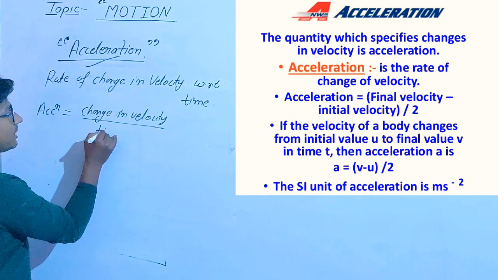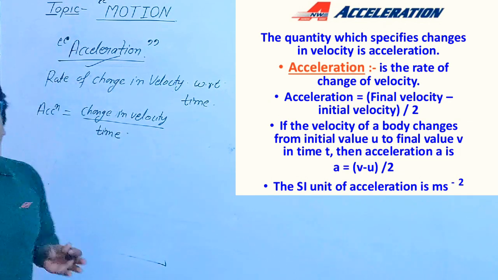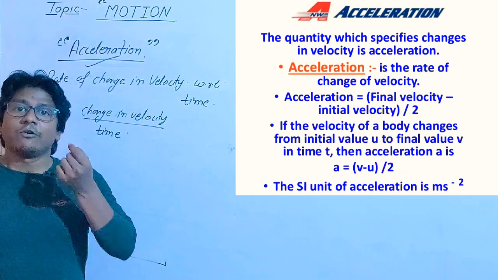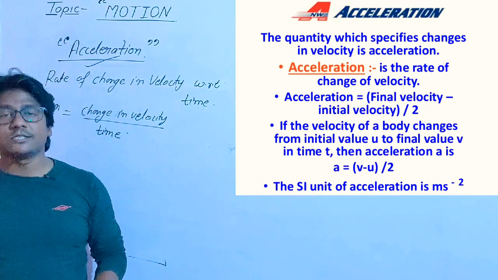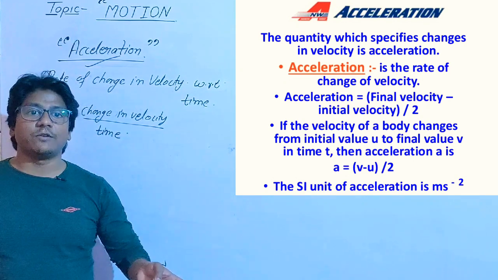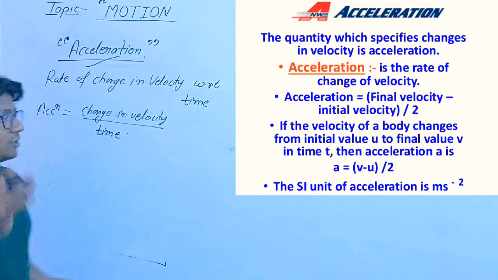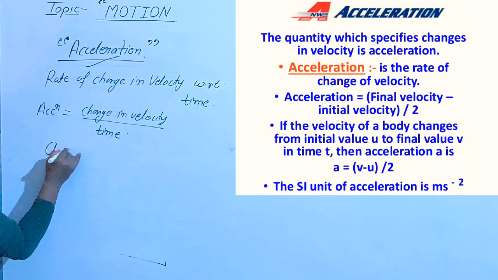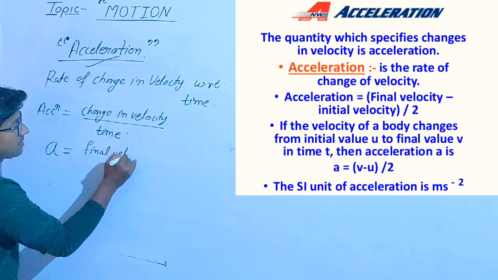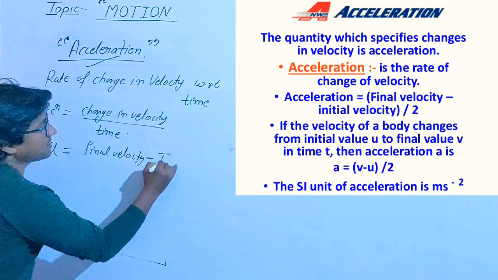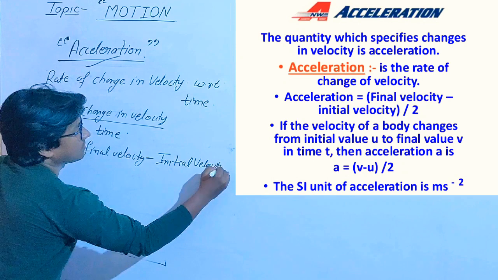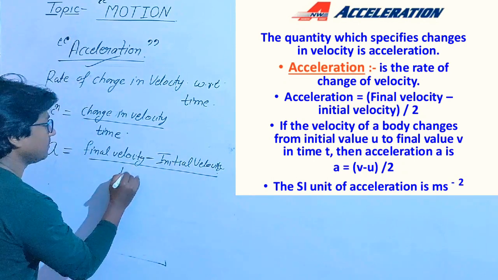If we calculate the change in velocity, we know that there are two types of velocity. First is initial velocity and second is final velocity. When we take the difference between final velocity and initial velocity, this is known as change in velocity. So the formula, acceleration is noted by a, is final velocity minus initial velocity upon time.